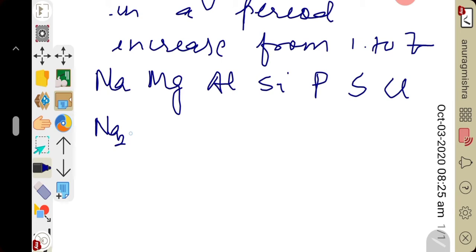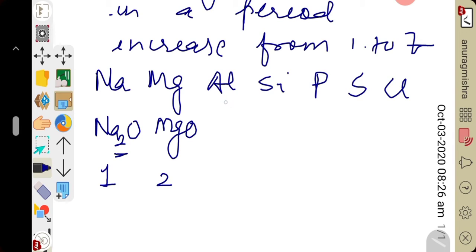It will form Na2O. Here valency is 1. That's why here 2 is a subscript with sodium. Magnesium will form MgO. Valency 2 with magnesium.